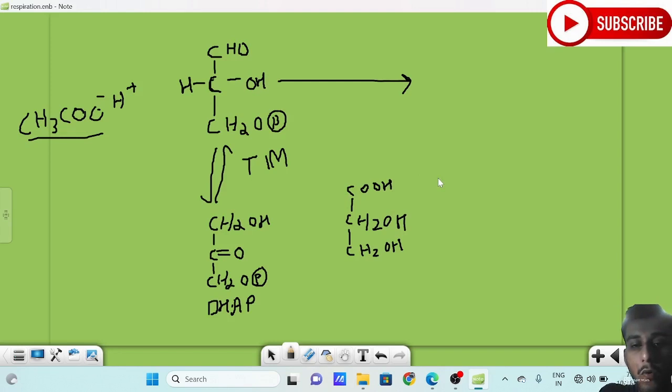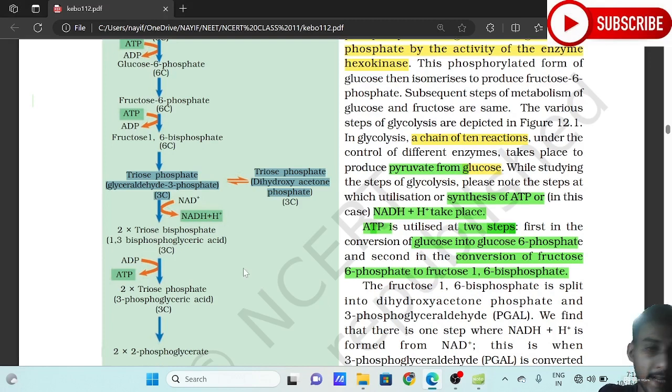So what happens in case of 1,3-BPG? The structure of 1,3-BPG is: the first and third carbon will have a phosphate group within it. So OP. Okay. This is the structure of 1,3-bisphosphoglyceric acid or glycerate.